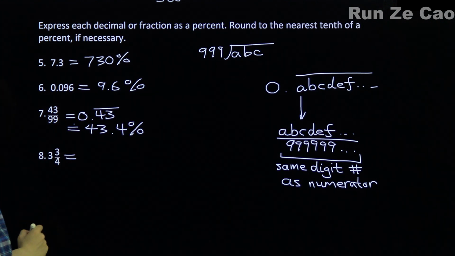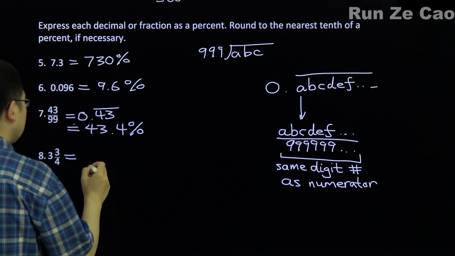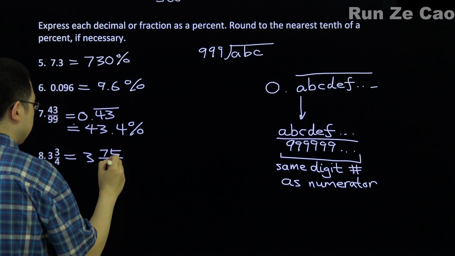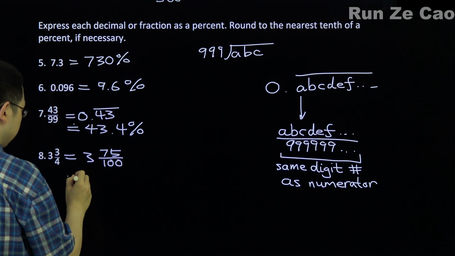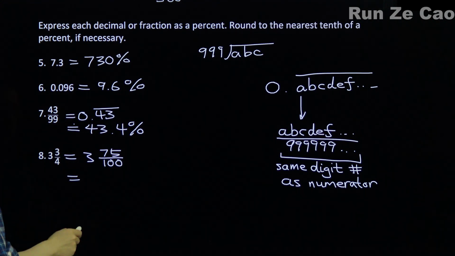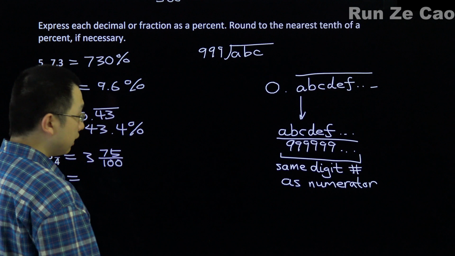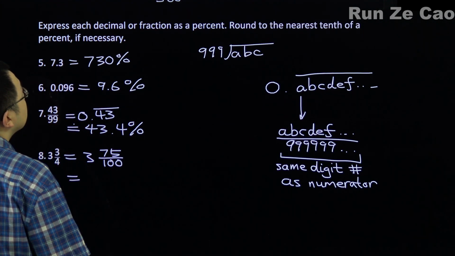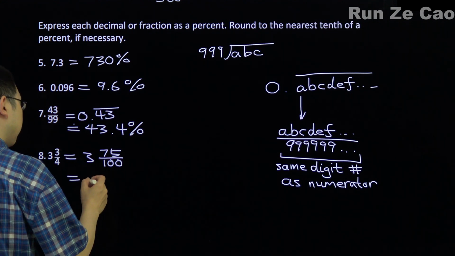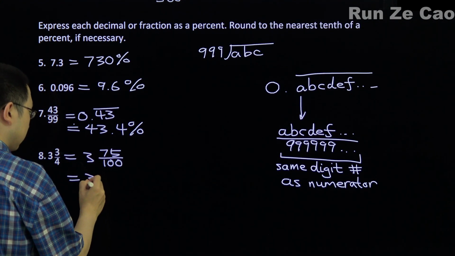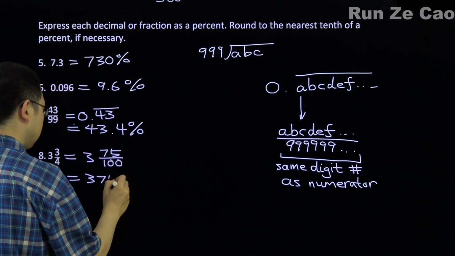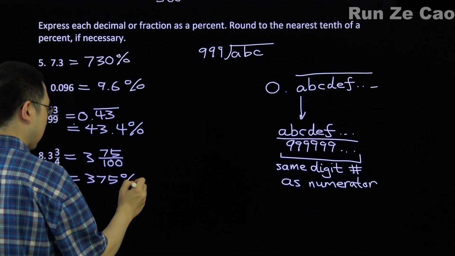That's equal to 3 and 75 over 100. Because 4 times 25 is 100, so 3 times 25 is 75. Then, round to the nearest tenth of a percent if necessary, expressed as a percent. The 3 just gives us a 3 in the hundreds place. And 75 over 100, 375%.